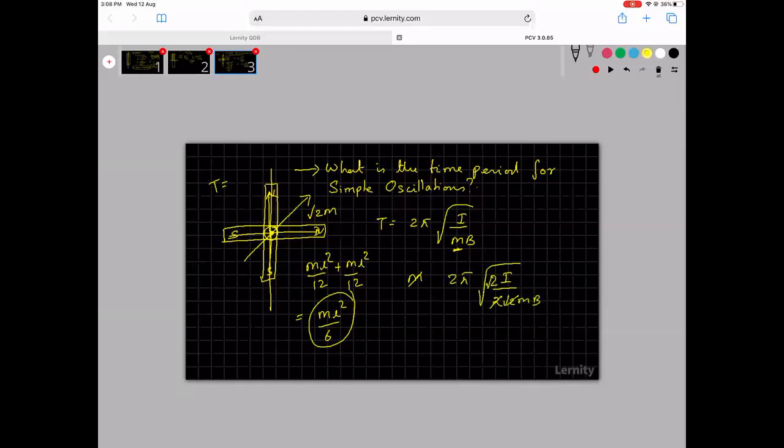So this goes up, and accordingly the time period increases. Time period increases means it goes slower. I hope you are able to understand this particular concept.